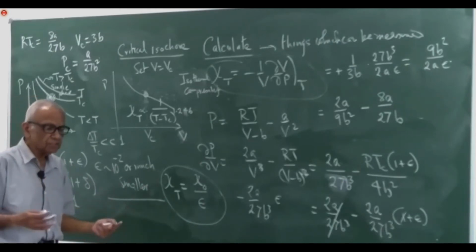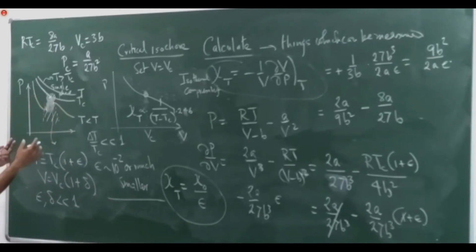And the discrepancy is because I started out with an equation of state which has a lot of averaging done over it, over the local behavior. I'm not paying attention to the local fluctuations in the gas. I'm doing what you will learn is called a mean field theory.